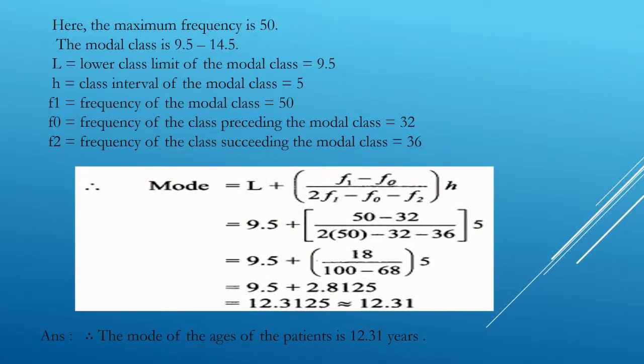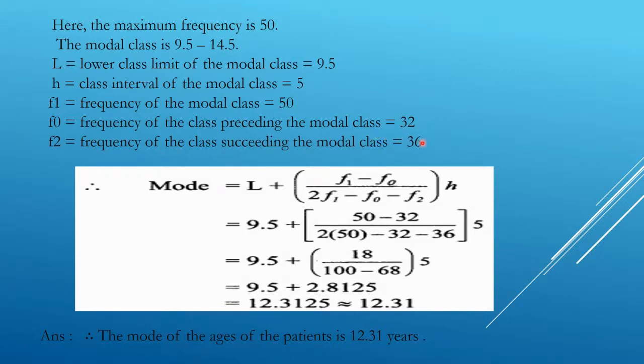The modal class is 9.5 to 14.5. L, the lower class limit of the modal class, is equal to 9.5. H, the class interval of the modal class, is equal to 5. And F1, the frequency of the modal class, is equal to 50. And F0, the frequency of the class preceding the modal class, is 32. And F2, the frequency of the class succeeding the modal class, is equal to 36.